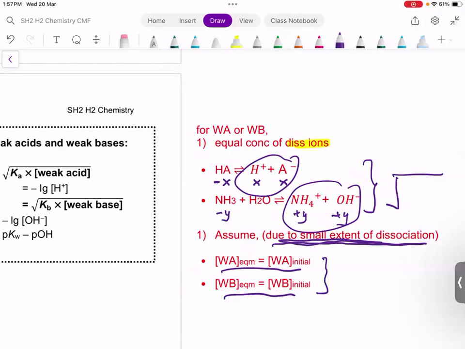In other words, these are your initial concentrations. They are no longer at equilibrium. Whatever you are working with here is the initial concentration. It's a shortcut.